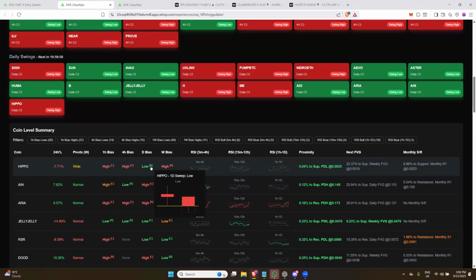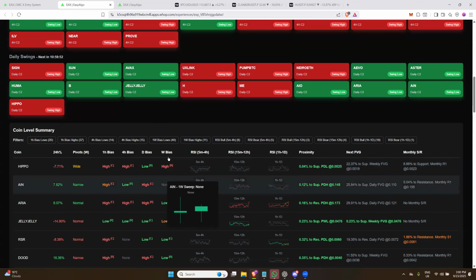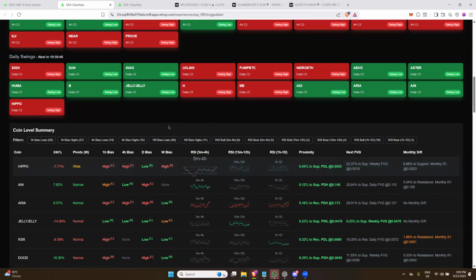If it's swept the low and its price is above the low sweep, it'll be indication that it's reversing. So price with SMC is based on the ideas that it sweeps highs and lows on the highest time frame, and then obviously you look for entries on the lower time frame. So that's how that aspect works.